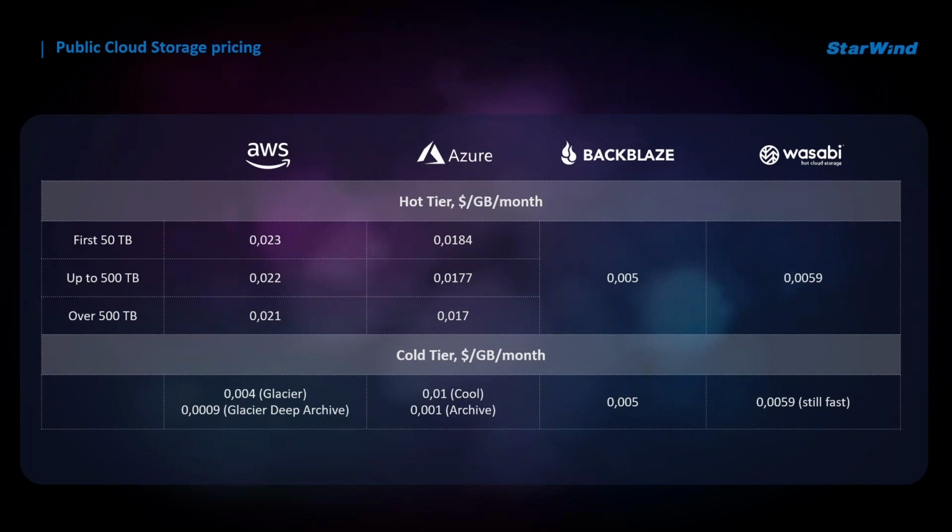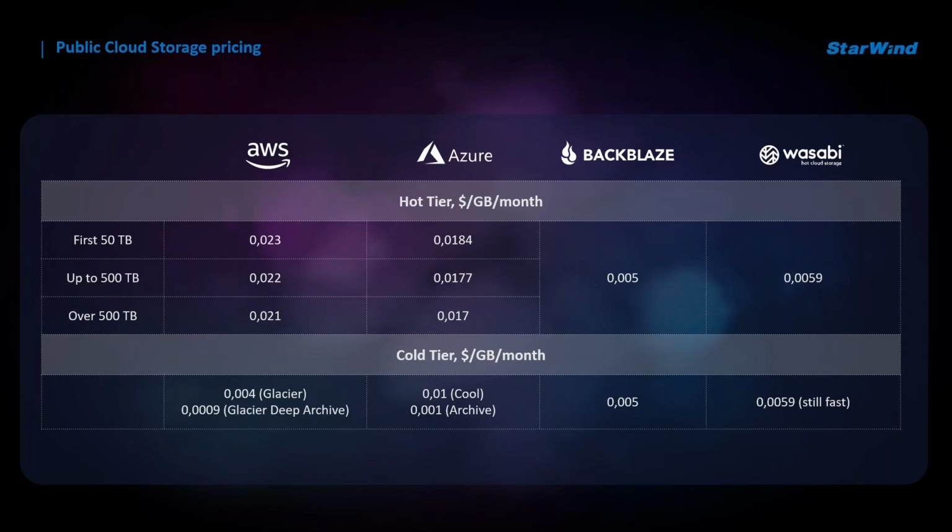As you can see, Backblaze and Wasabi deliver pretty much the same prices for storing any amount of data, while AWS and Azure have different prices for hot tiers and cold tiers.